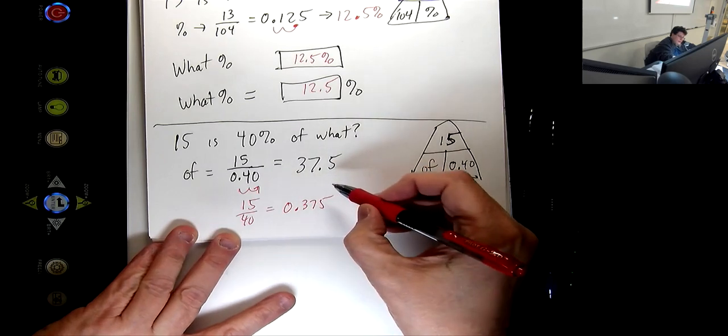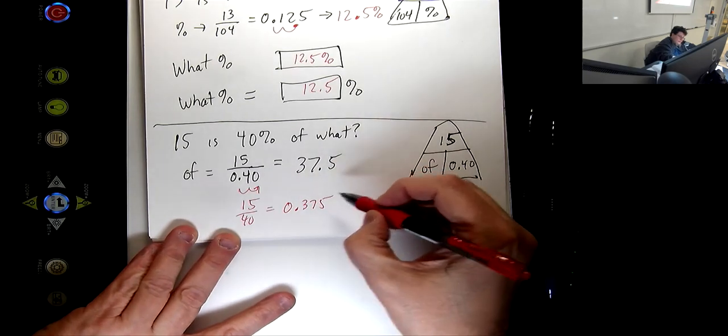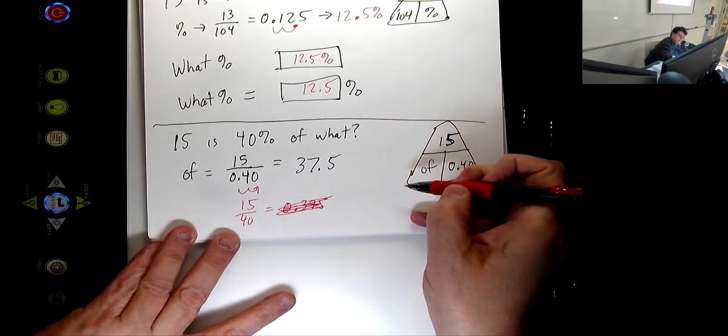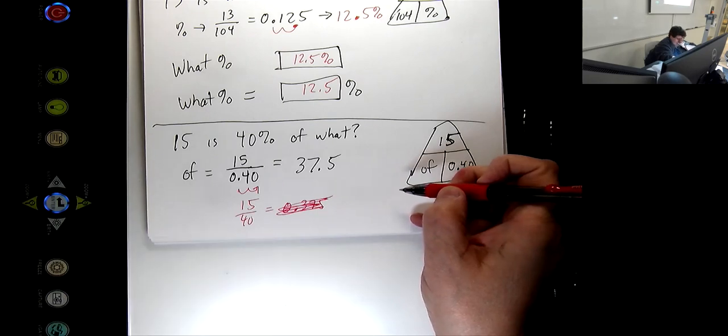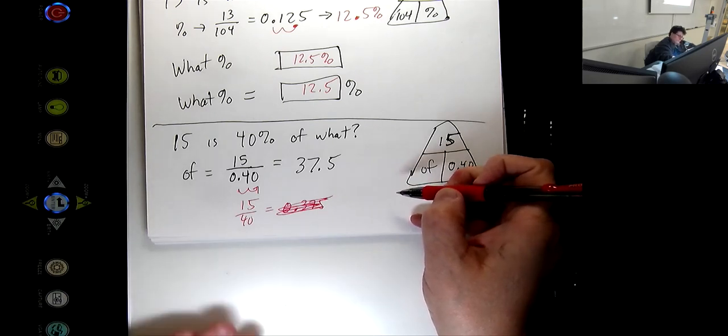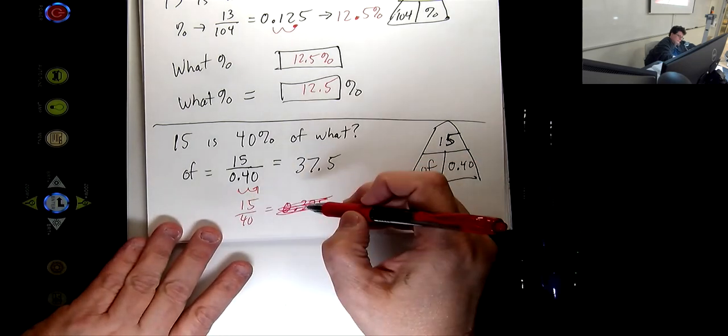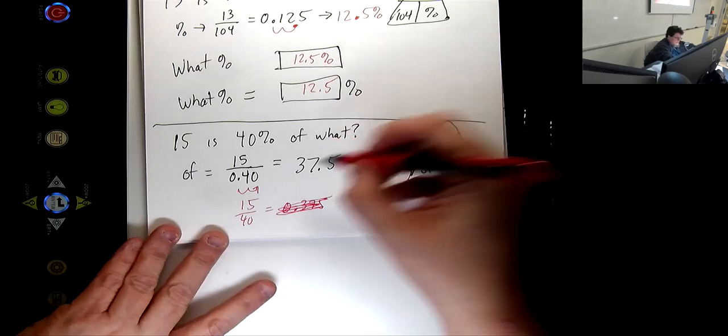What did you get when you did it? I got 0.375, and then I moved the decimal twice. Yeah, it should have been 0.375.